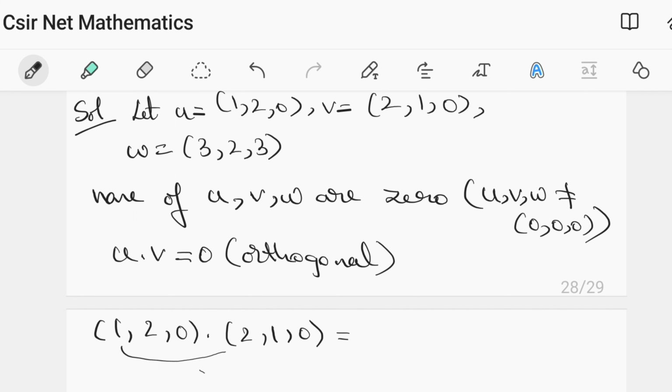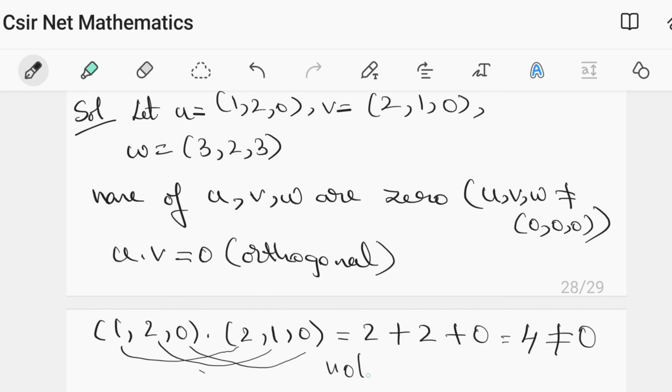U dot V is 1 into 2, that is 2, plus 2 into 1, that is 2, plus 0 into 0, that is 0. This gives us 4, which is not equal to 0.